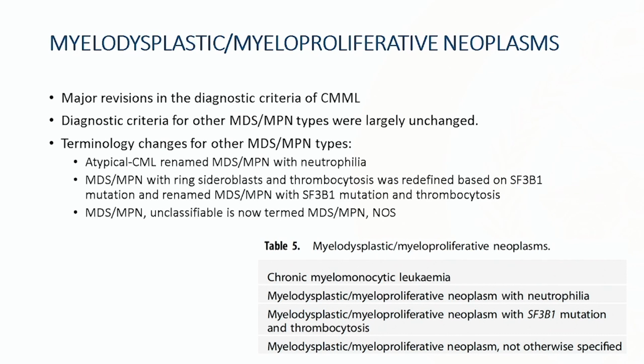However, they renamed atypical CML as MDS/MPN with neutrophilia to avoid misconceptions and confusion between CML and atypical CML. As we mentioned, MDS/MPN with ring sideroblasts and thrombocytosis is redefined based on the presence of SF3B1. However, it is acceptable to call it like this until we receive the result of a mutational analysis. And they removed the term unclassifiable and changed it to NOS.